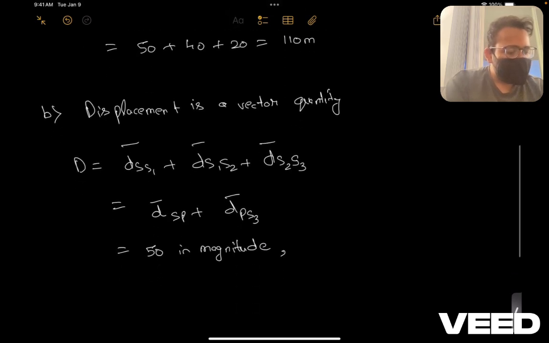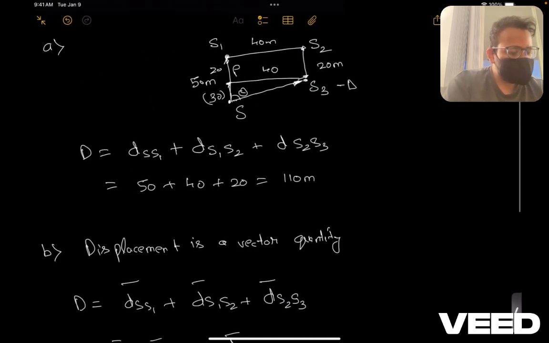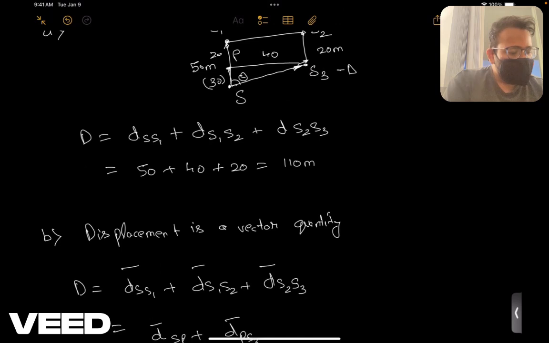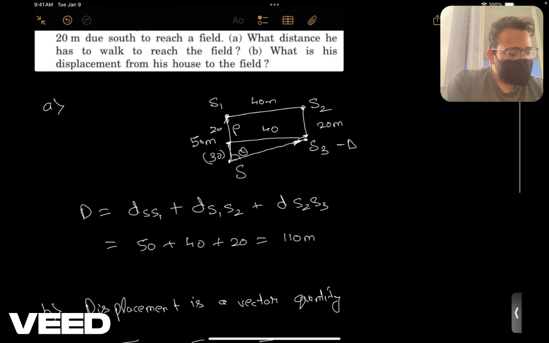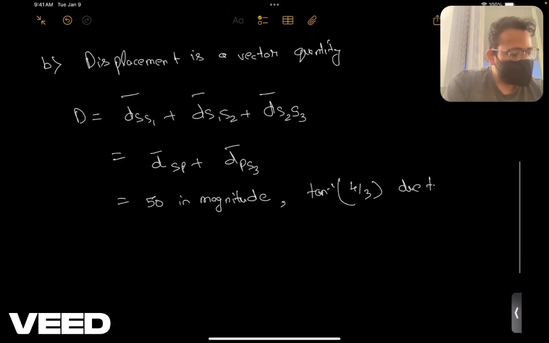It would be something like tan inverse of 4 by 3, due north from east.